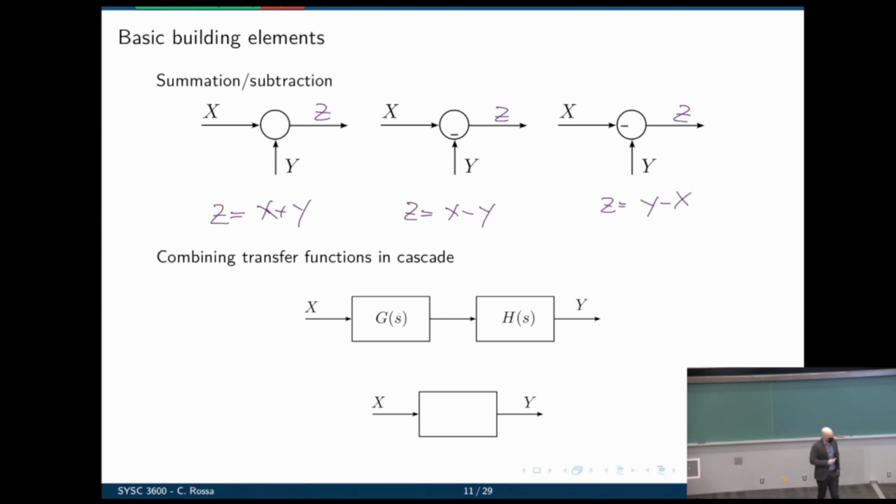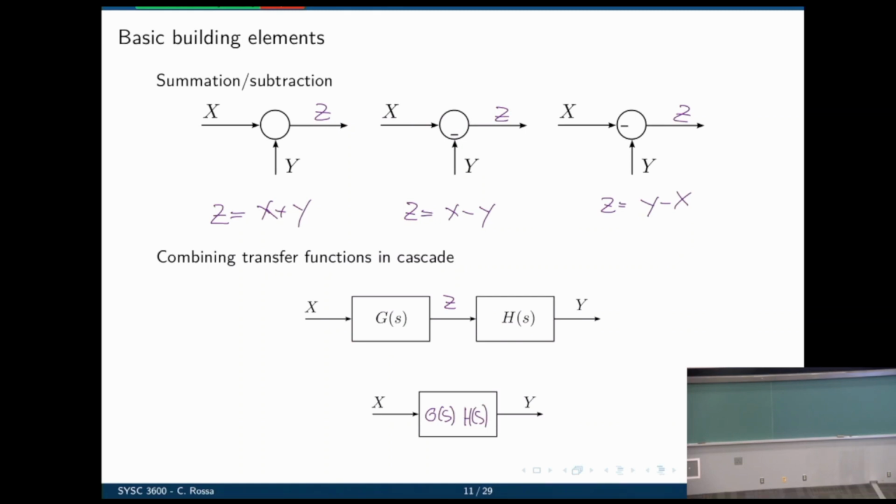Okay. Now, one simplification here that we can do later is when you have transfer functions in cascade like this. And let's put here a signal Z. We know that Z equals G times X. You know that Y equals H times Z. So we may combine G and H into a single block and simply multiply them because they are in line.